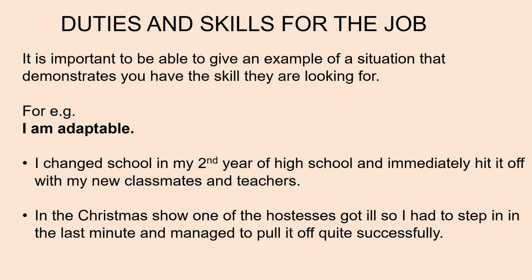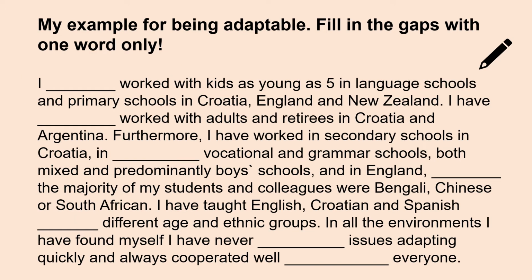For example, I changed school in my second year of high school and immediately hit it off with my new classmates and teachers. Or, in the Christmas show, one of the hostesses got ill, so I had to step in at the last minute and managed to pull it off quite successfully. This is my example for being adaptable.